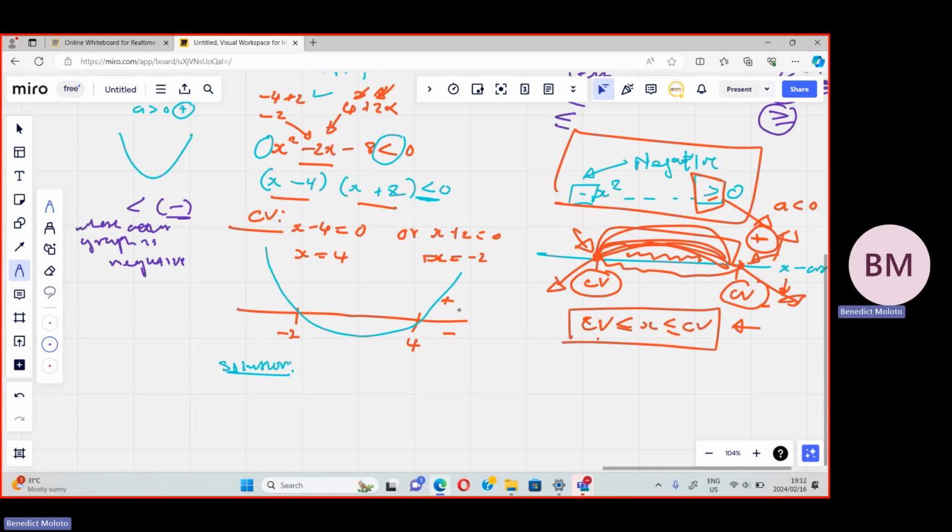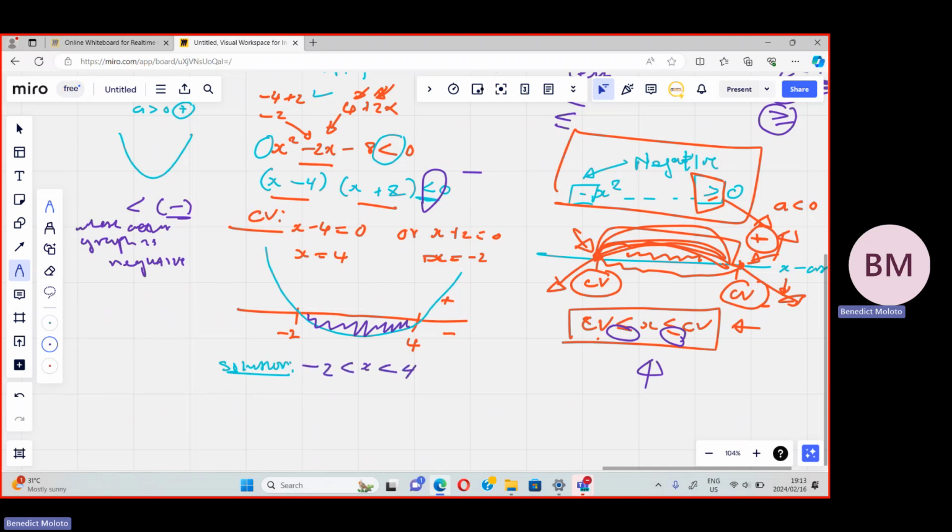Our graph is negative at this point, and from this point to this point, we use this. We add the smaller line when it is less than or equal to or greater than or equal to. Here it is just less than, so our solution is negative 2 less than x less than 4.